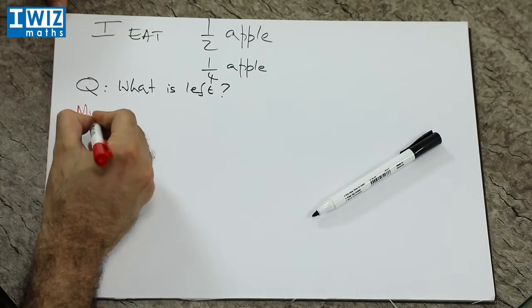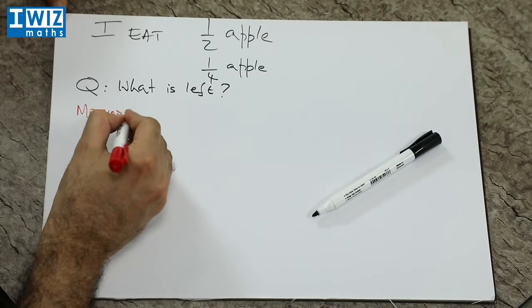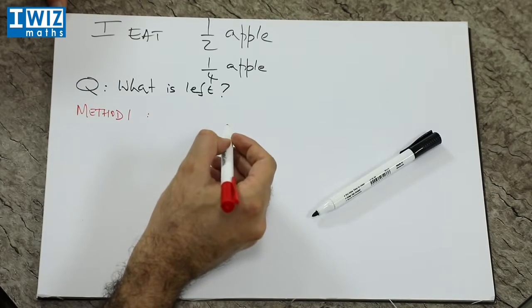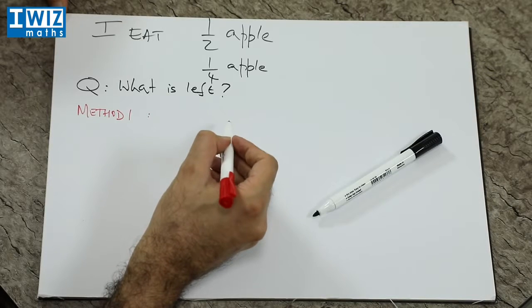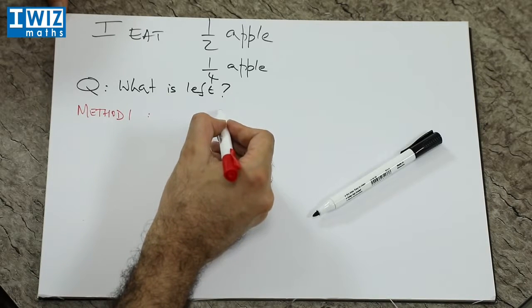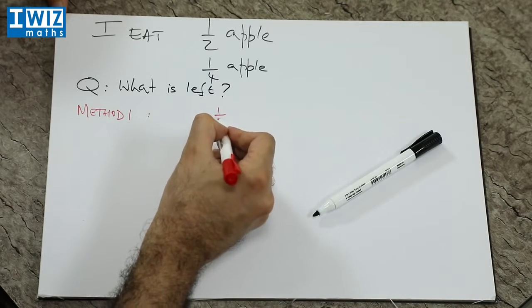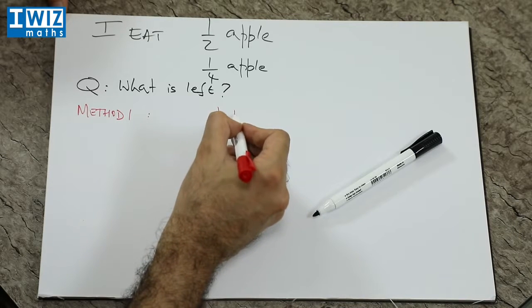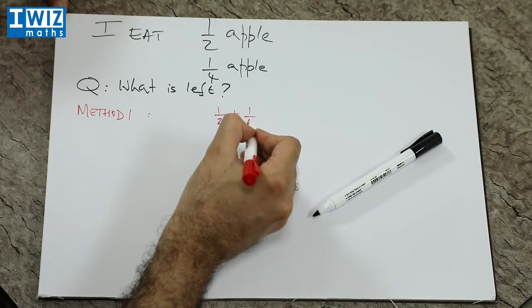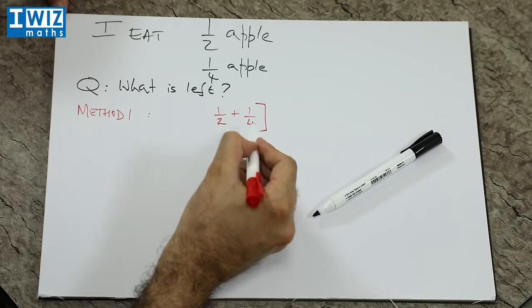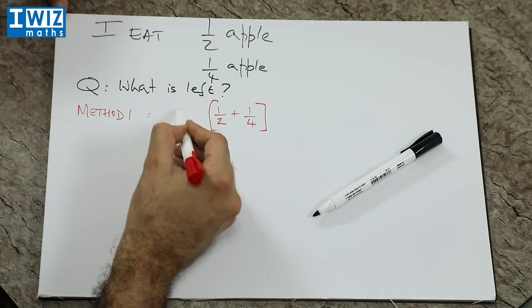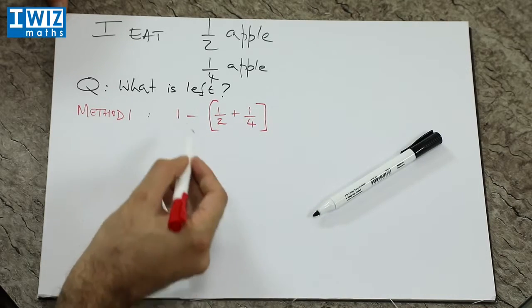Method number one is to say that I first add all the amount of apple that I have eaten. So I add 1/2 plus 1/4, and then I remove it from the whole, right?